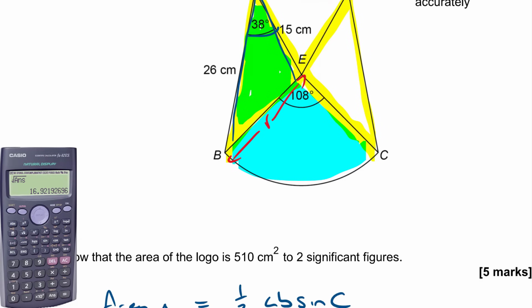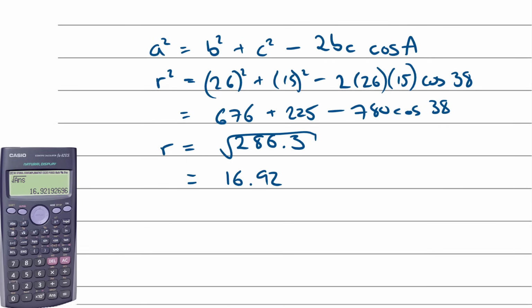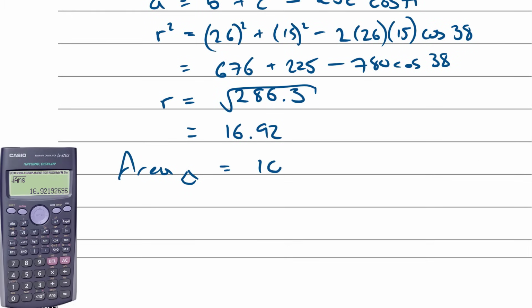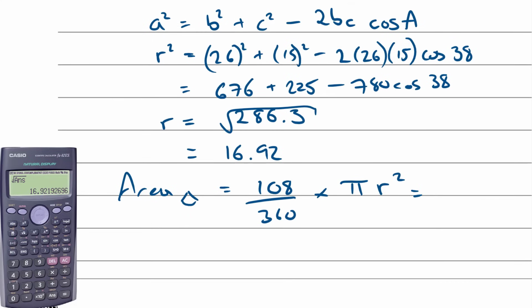Okay, so now we found r, we can then use it to find the area of that sector then. So our area of our sector is going to be the fraction of the circle that we've got. So the angle is 108, so it's going to be 108 360ths of the area of the circle, which is pi times r squared, which in this case is going to be 108 over 360 times 16.92.